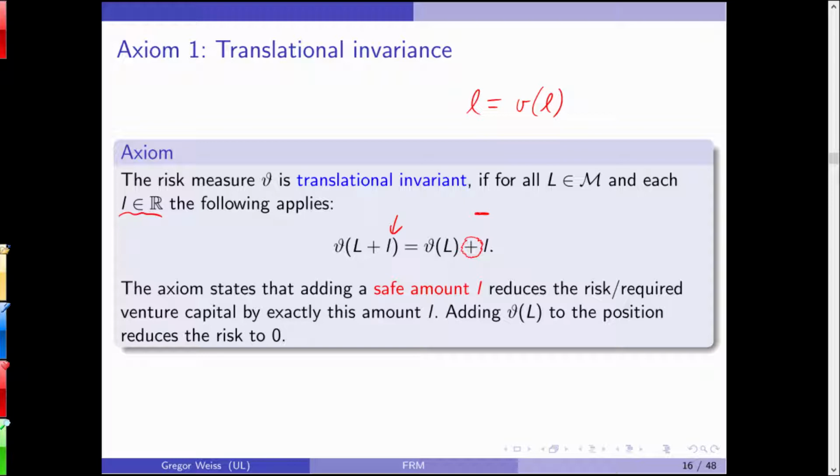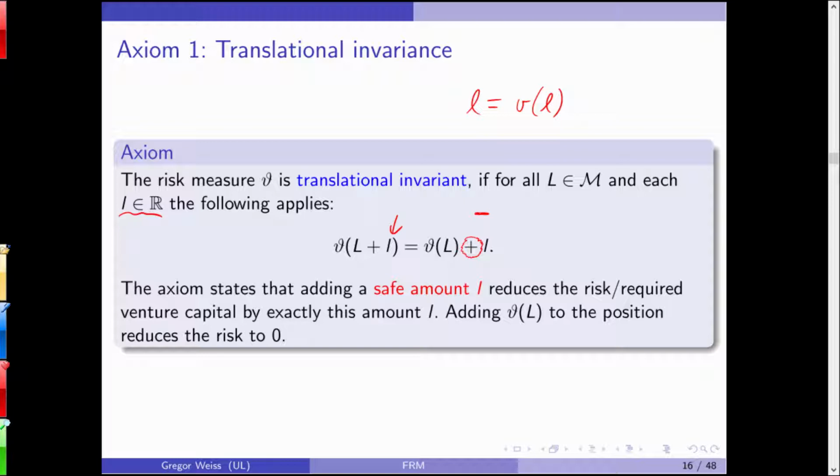What happens? We have a risk. Assume you have a random variable and a potential loss L. Now, by adding 5,000 euros to your account, you are reducing the required risk capital by exactly 5,000 euros.